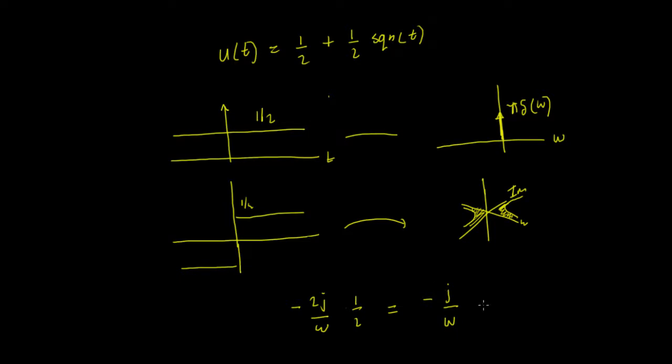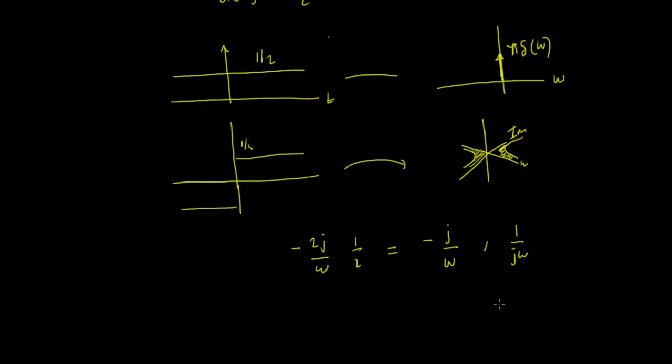Now what we can do is say that minus j can actually be written as 1 upon j, and the negative will come down. We can get that because j times j equals minus 1.